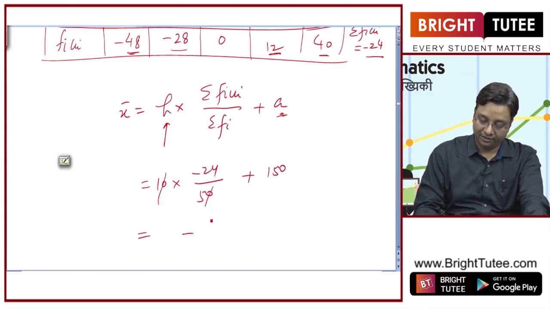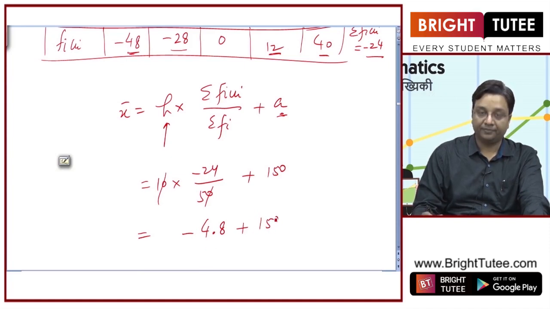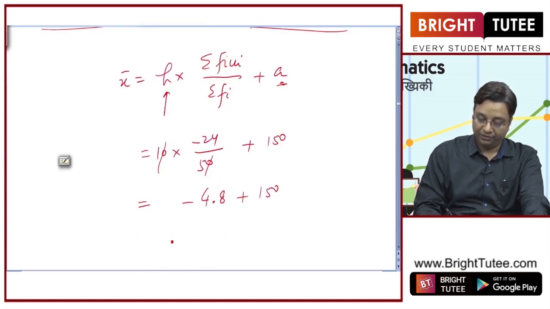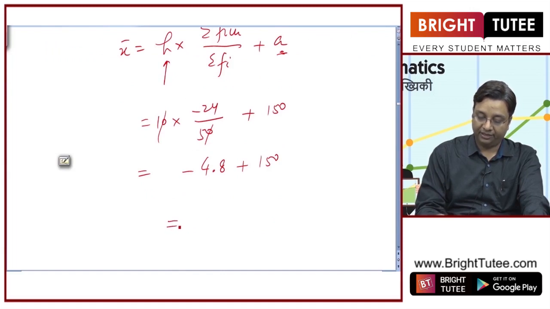So this will give you 5 into minus 4.8 plus this is 150, right? So 150 minus 4.8 will give you, 150 minus 5 would have given you 145, so it will give you 145.2.